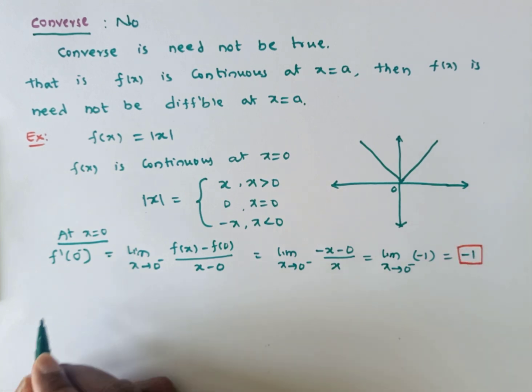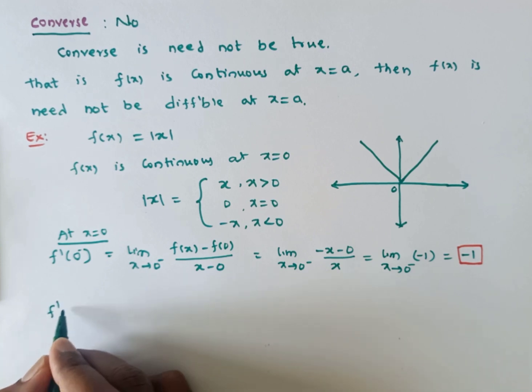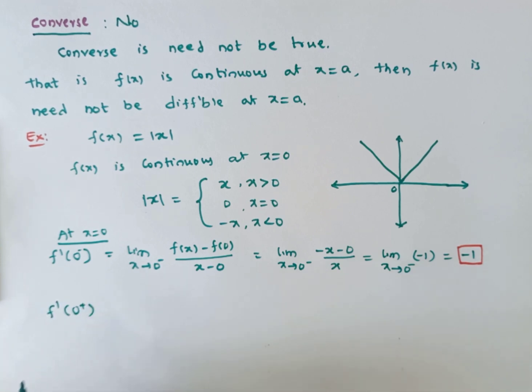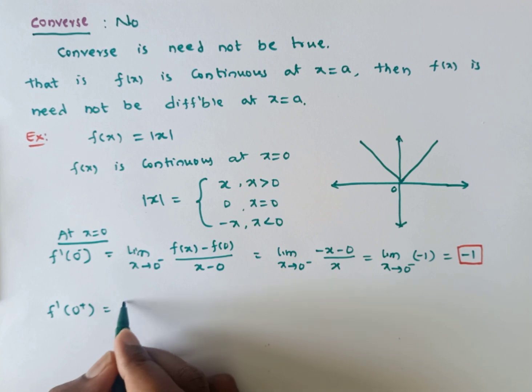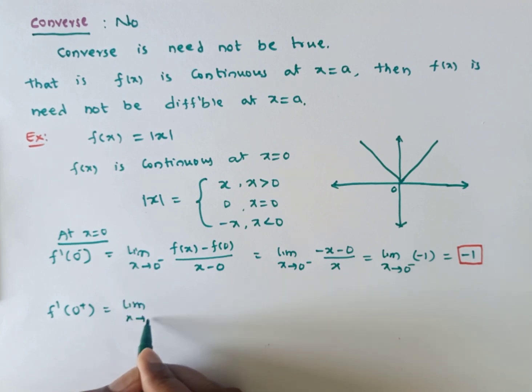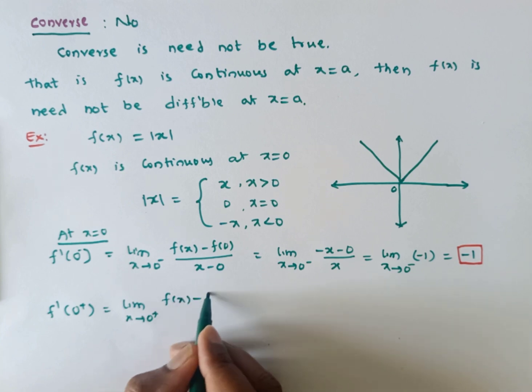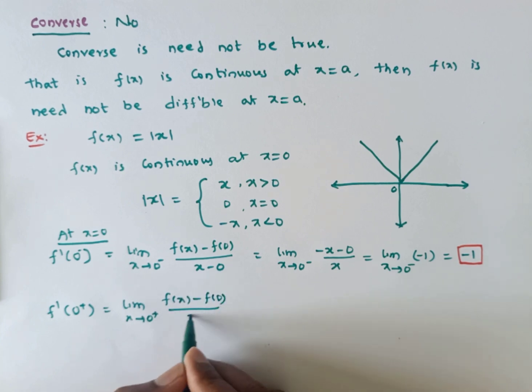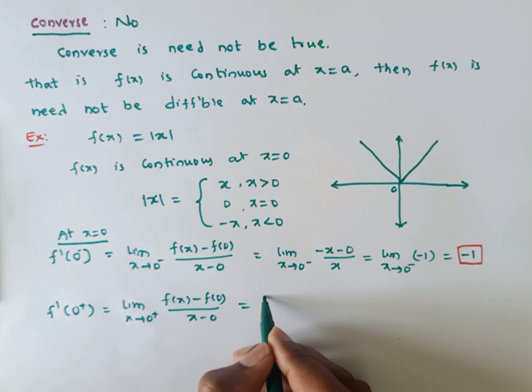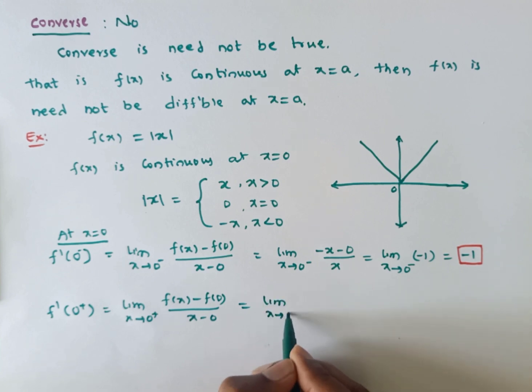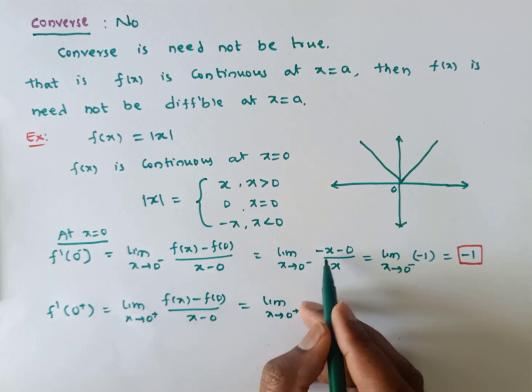So in the same way, right hand derivative, find out at the same point, f dash of 0 plus. Now this is limit x tends to 0 plus, means right hand limit of 0, f of x minus f of 0 divided by x minus 0. So here we can choose f of x.